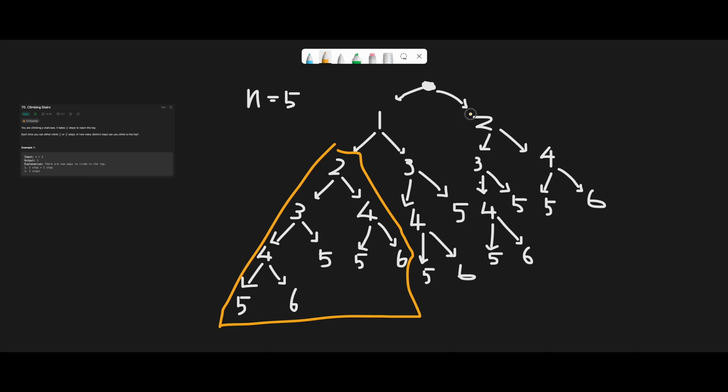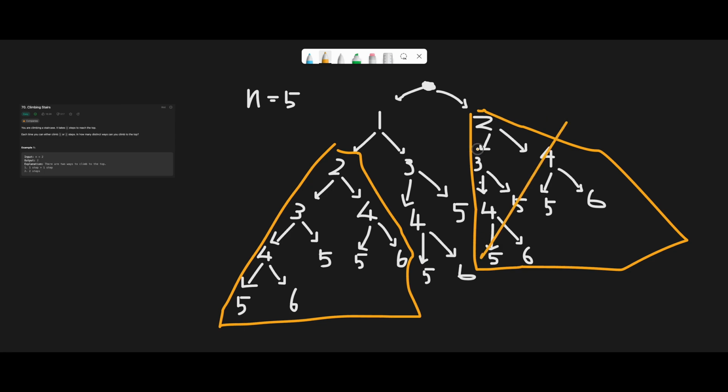So from the root, 2, 2, and 3, 4, 3, 4, 4, 5, 5, 6, 4, 5, 5, 6, and 5, 6, 5, 6. These subtrees are exact same structure, right? So that's why we don't have to compute or recalculate this part, because we know the result of this subtree.